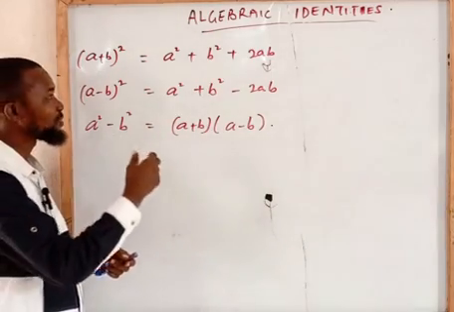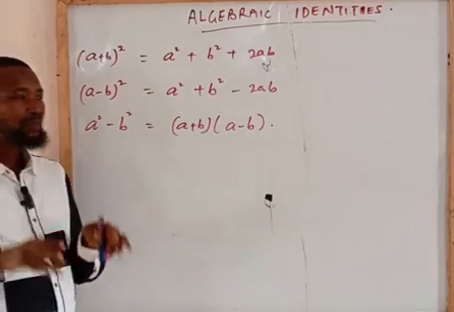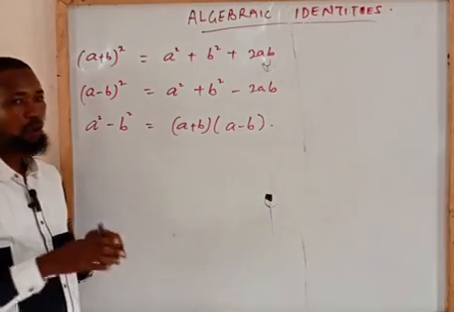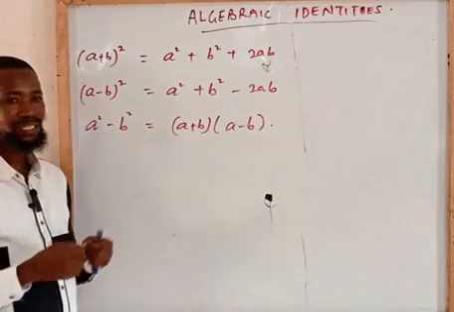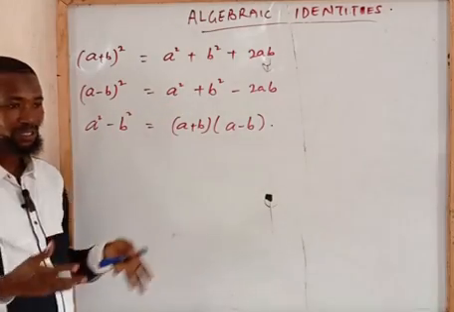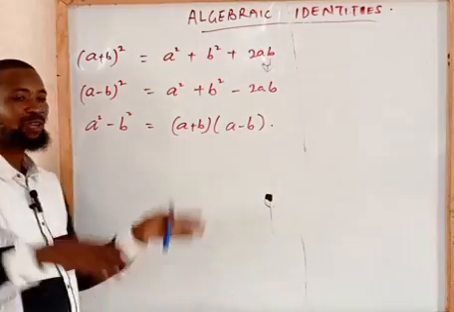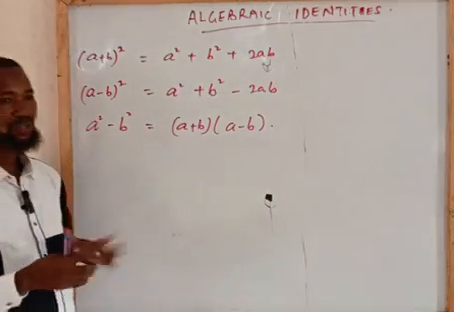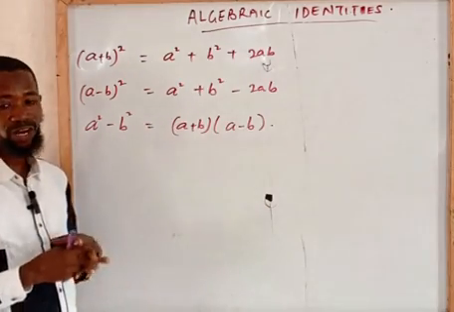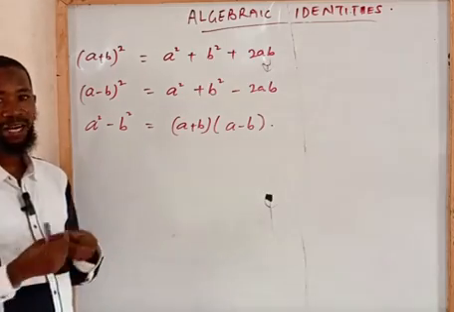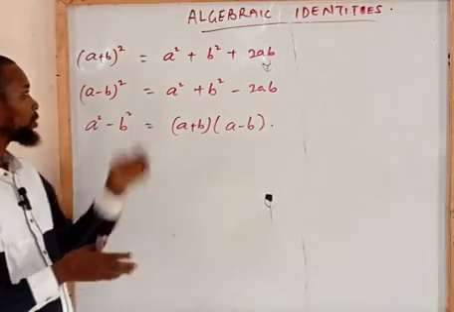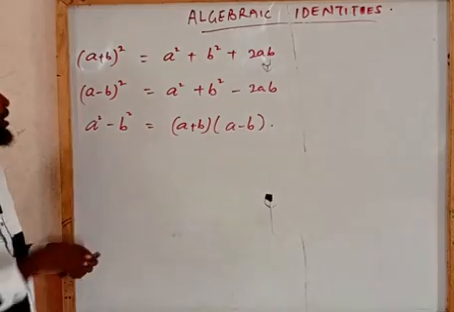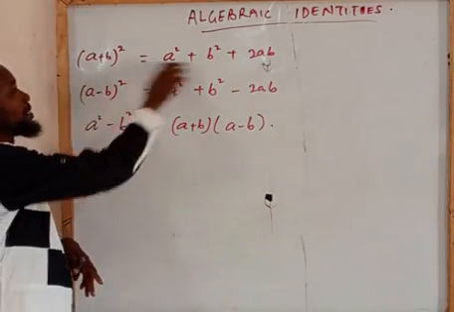So with this knowledge of identity, we may solve the question and arrive at the answer without having to apply the concept of simultaneous equations, all those elimination methods, substitution methods, and the rest that we have. So that is one of the benefits of identities. It enables us to solve a very complex question within a very little time. So we have this, we copied this the other time, and also told us about how this thing is derived.